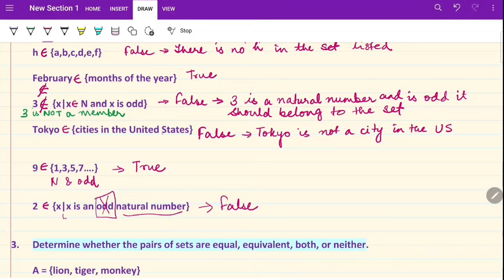Therefore, it's false, because 2 is not an odd number. Even though it's a natural number, it is not an odd number. It should meet both the conditions that define the set. In this case, it only meets one condition, that it is a natural number, but it doesn't meet the condition that it should be an odd number.